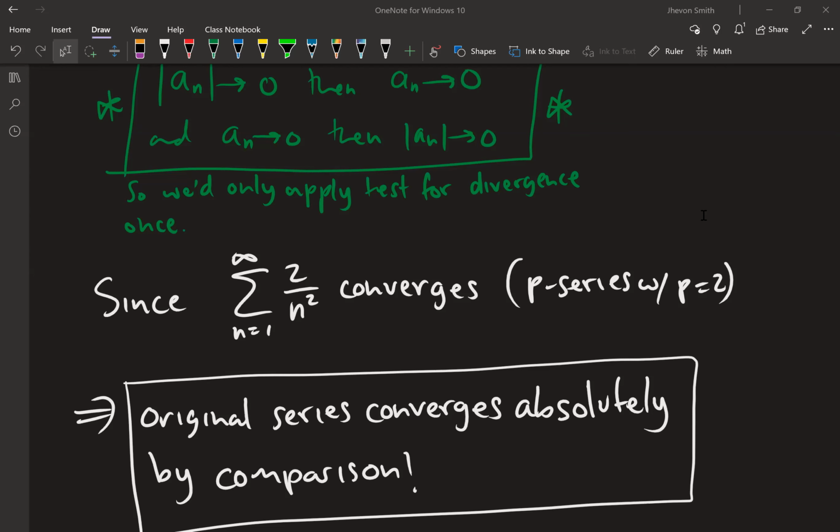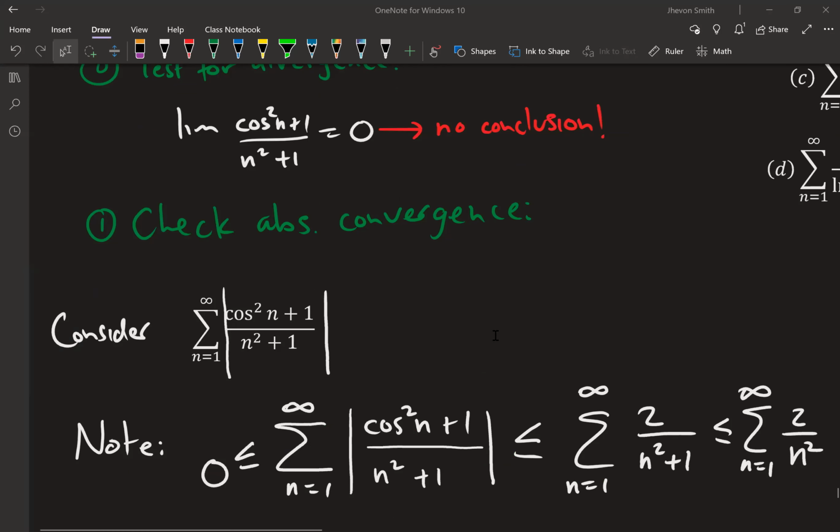It's not always going to be it, but it should be one of the first things to come to mind. That way you can essentially ignore the trig function. Or even if you don't want to ignore the trig function, it allows you to bound things to apply a squeeze theorem or a direct comparison theorem or something like that. So yeah, that's the first one.